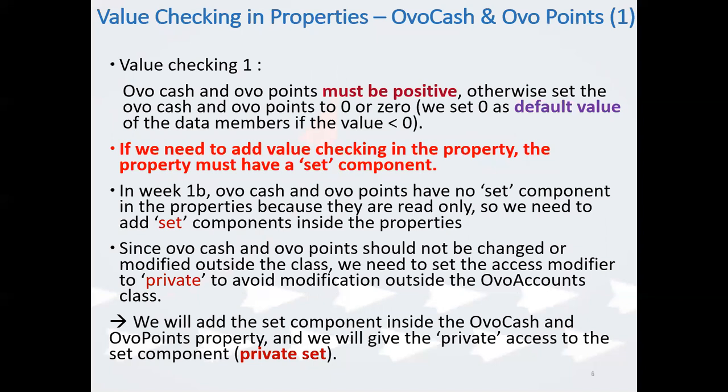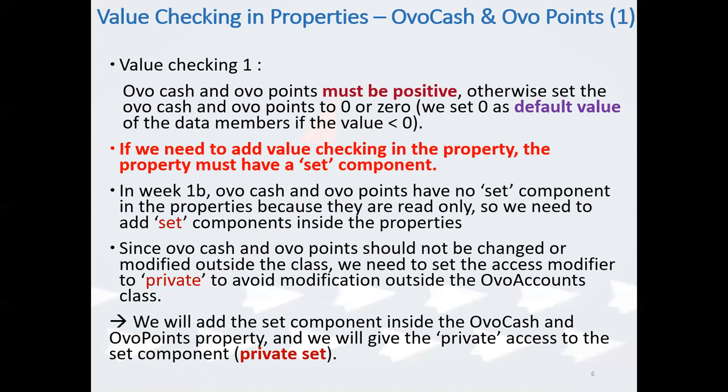For example, let's focus here. Let's say we want the account cash and account points to be positive or at least 0. Otherwise, we set them to 0. We consider 0 as the default value, and therefore, if the value becomes negative, we should force it to be 0.